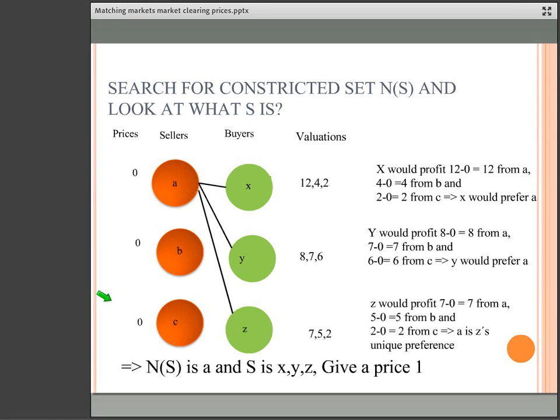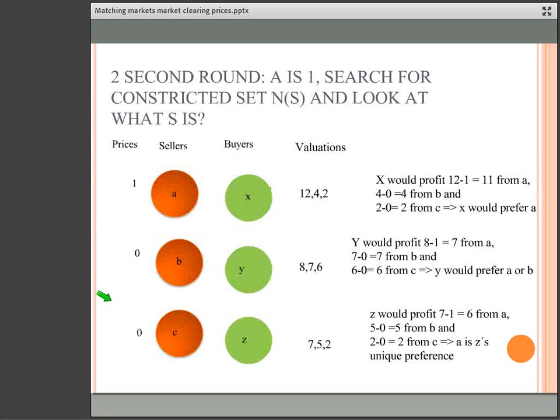Since A is a constricted set, we raise its price by 1. And let's go to the next slide. Here you can see the price has been raised by 1. And once again, you do the calculations. 12 minus cost 1 is 11. All the others remain the same.